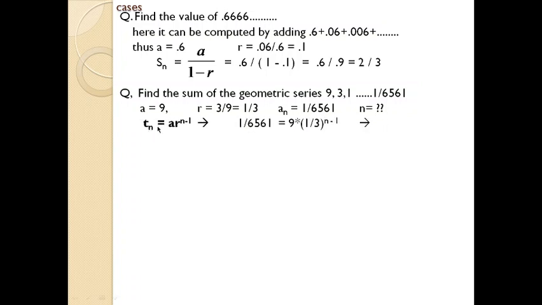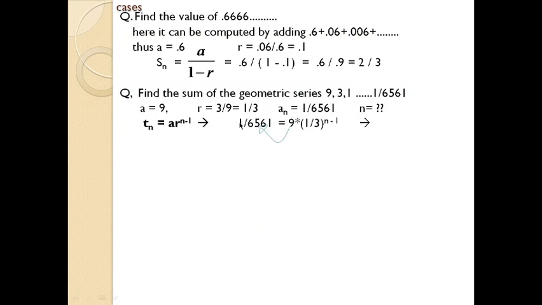We know that the equation of geometric progression case is Tn equal to A R raised to N minus 1. That is Tn equal to 1 by 6561 equal to 9, A is 9, into R, R we know is 1 by 3, raised to N minus 1.